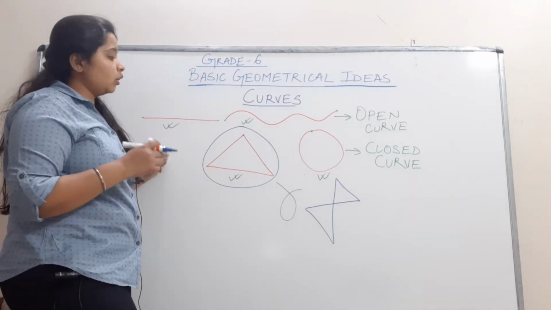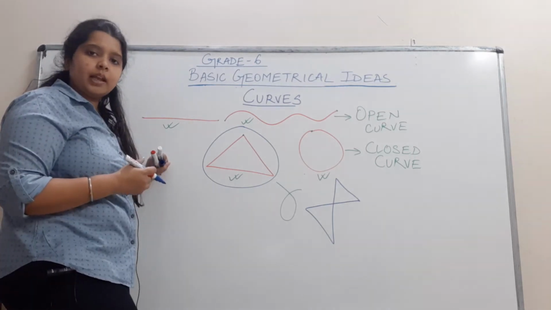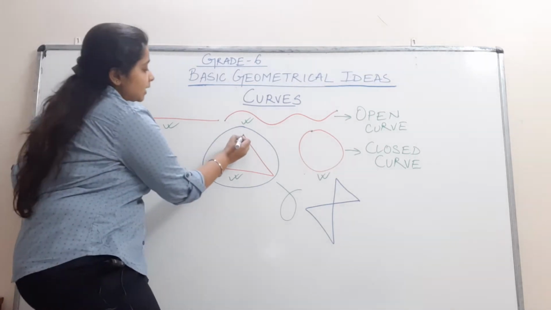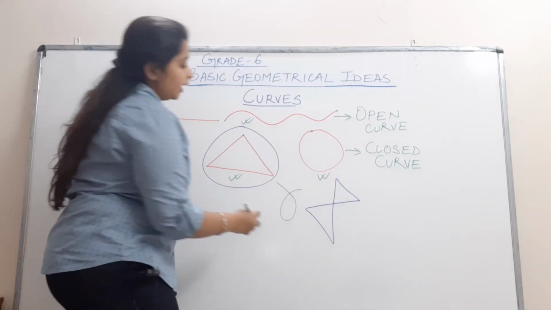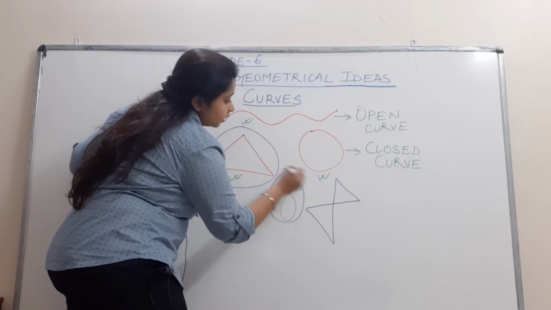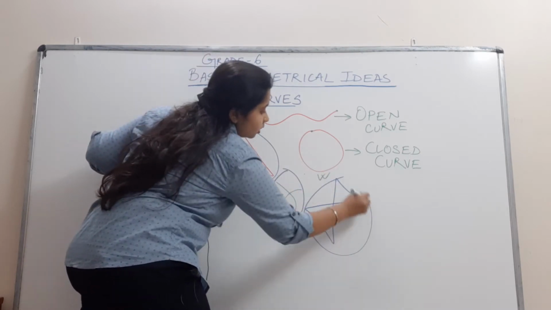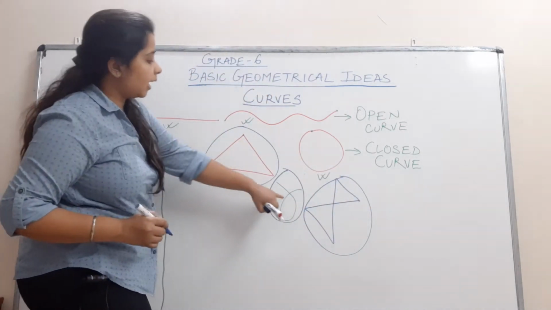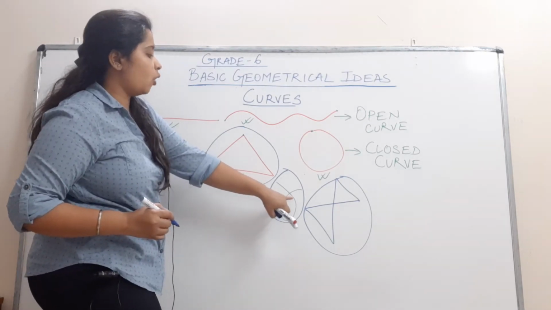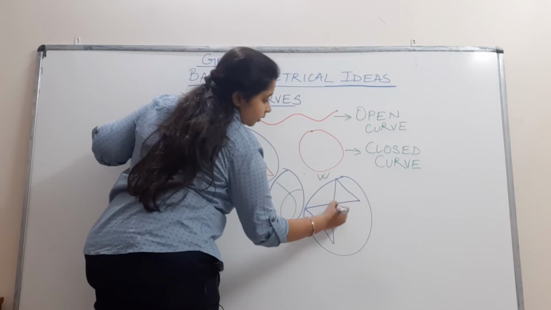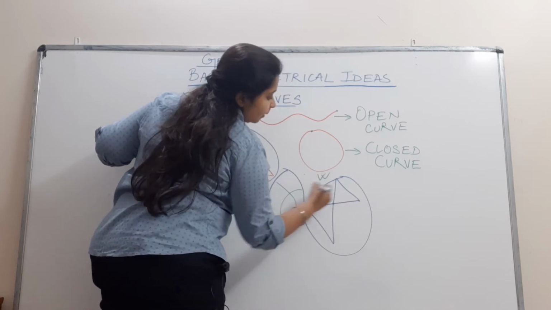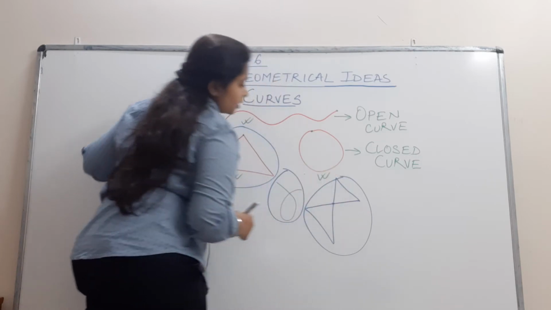It is not crossing itself anywhere. Just the starting and ending points are the same. Whereas in these two curves, they are overlapping themselves or crossing themselves at one point. You see, this point is the same, whereas this point is also the same.